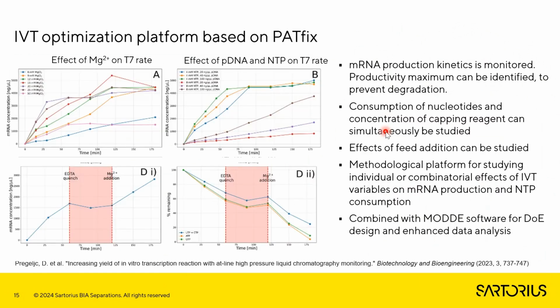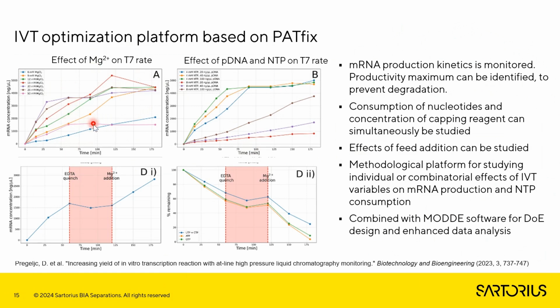First thing, and this is what we published on quite a few years ago now, well, in fact, 2 years ago, a lot has happened since, is we can monitor the effects of individual components of the reaction on the rate of mRNA production. So, for example, magnesium.